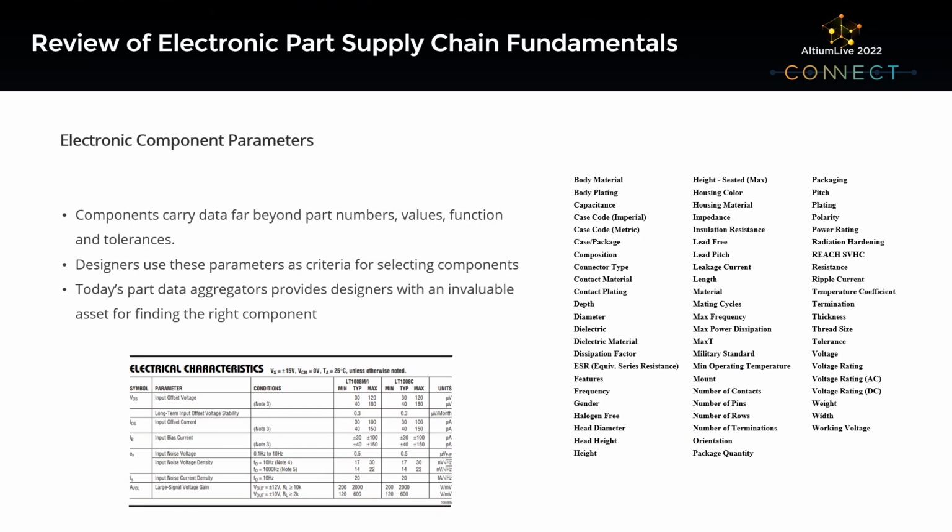And the nice thing with today's part aggregators, you've got all of this data at your fingertips where you can find just the right component or substitute components in when needed. I've got a little screenshot of a typical data sheet, and again on the right side some of the types of parameters that are typical for electronic components.